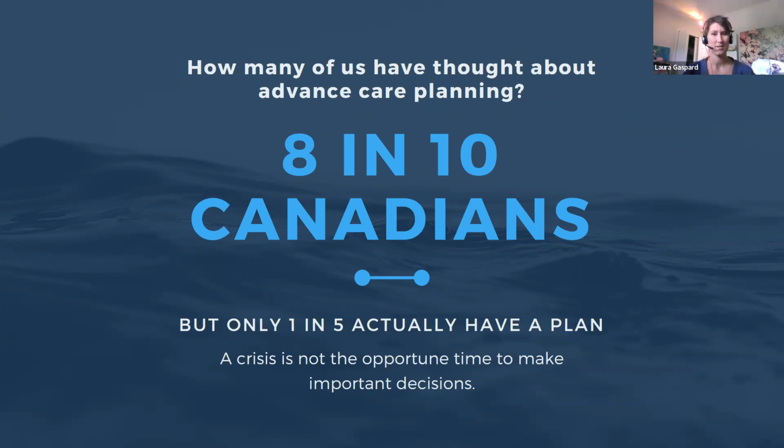But when more questions were asked, very few people actually had a concrete plan in place. Many had had those conversations with families, but nothing was necessarily concretely written down or shared with their healthcare providers. So even though all this great information was being shared close to home, there was a bit of a disconnect with the healthcare system.